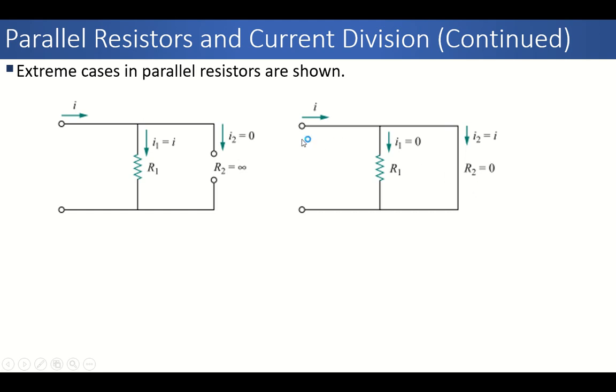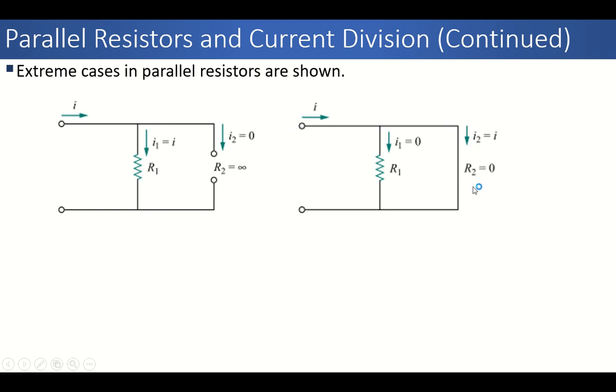Let's suppose that total current I is flowing. We know that current follows the path of minimum resistance, and in this case the minimum resistance is 0. So all of the current I will be flowing through R2, and there will be no current flowing through R1. That is, I1 will be 0, but I2 will be equal to I.